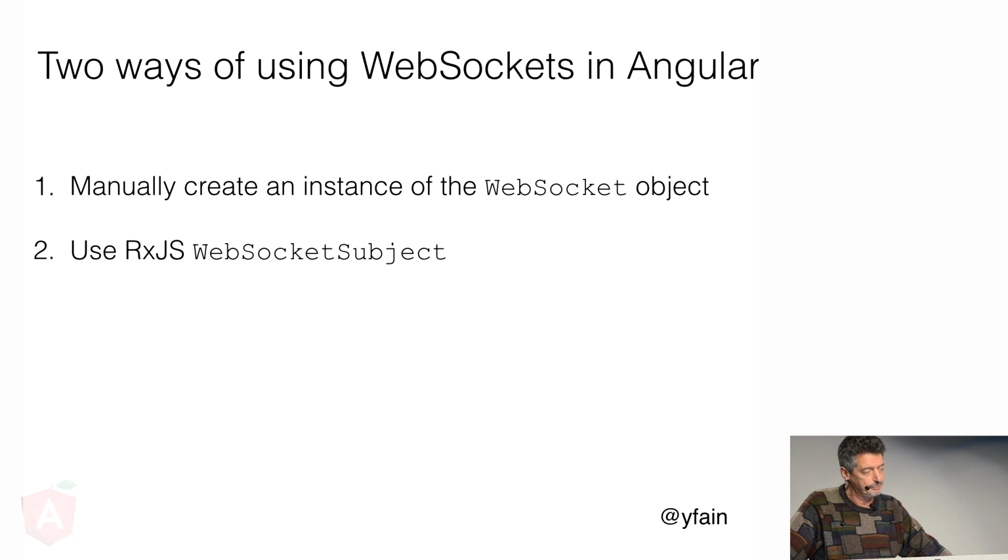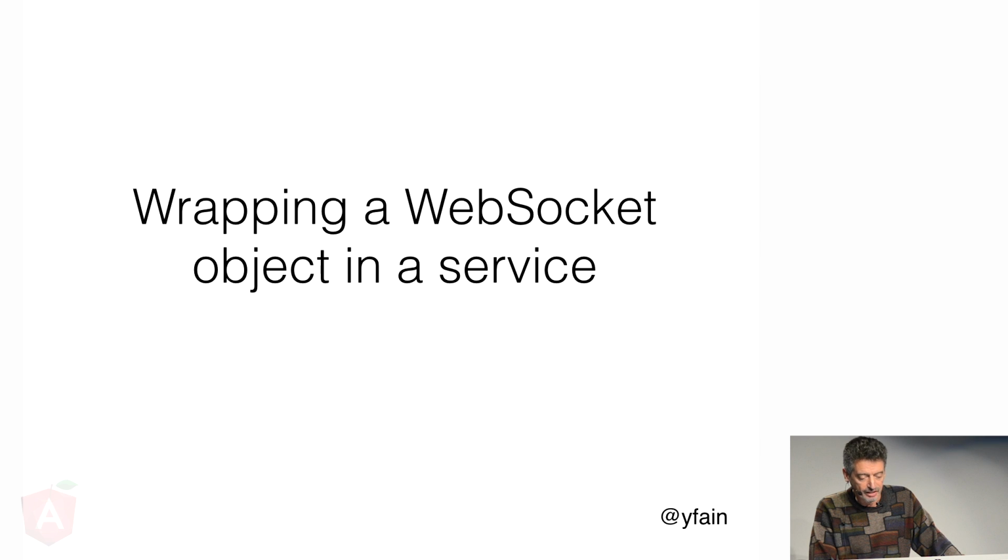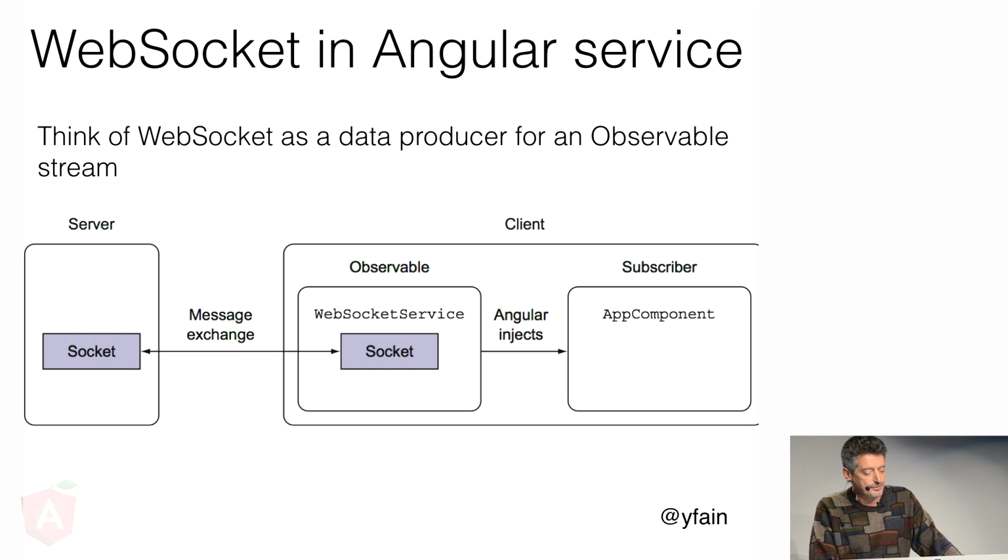RxJS comes with a pretty robust implementation called WebSocketSubject. It is already there. You can just use it. It's a wrapper around the WebSocket object. So you can use it, and this is what I'll show you as well. So how do you wrap a WebSocket object in a service? First of all, let's take a look at this little diagram. Imagine that you have a server somewhere on the left, which supports sockets, and you have an Angular client.